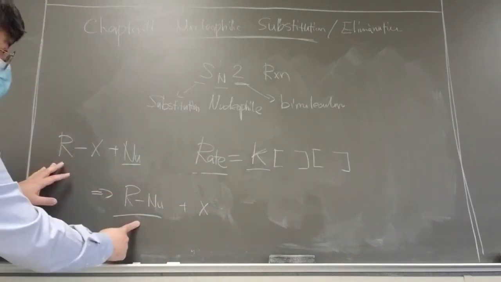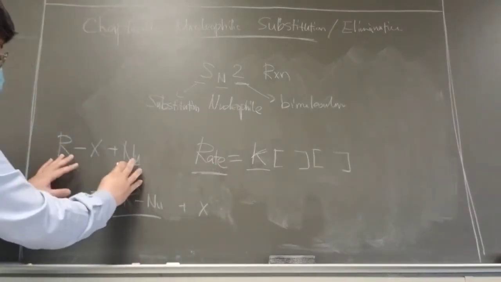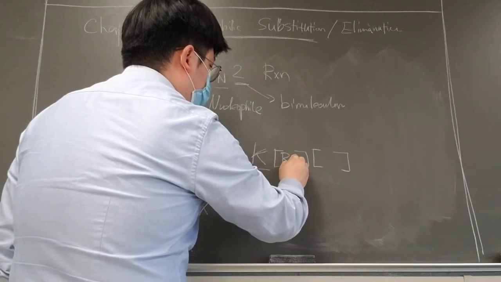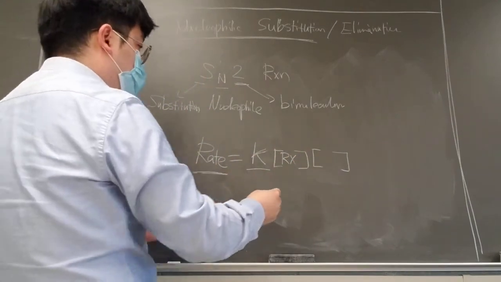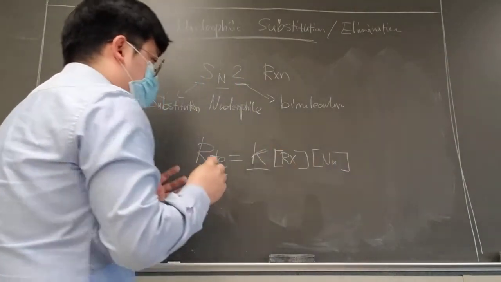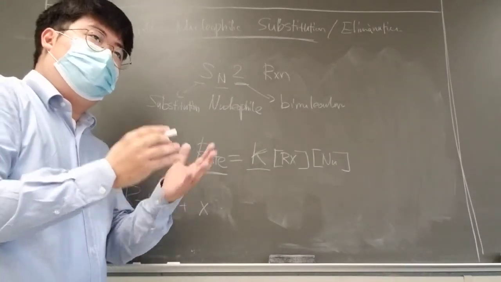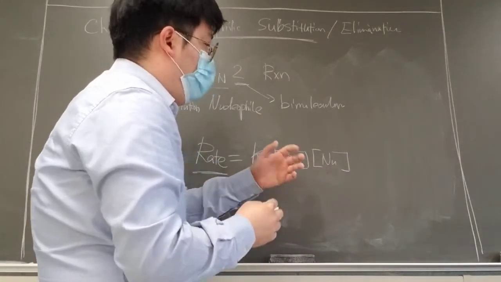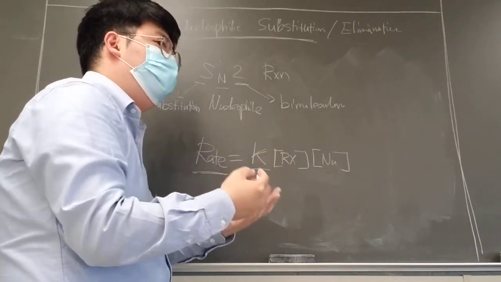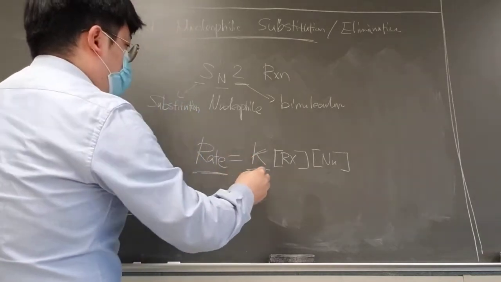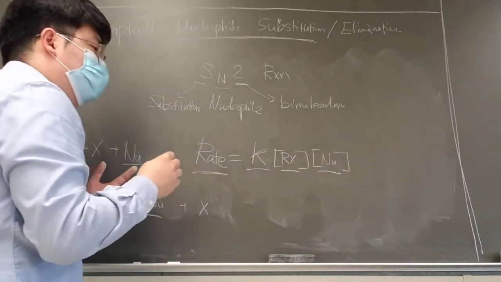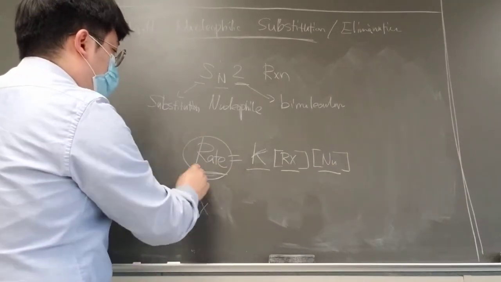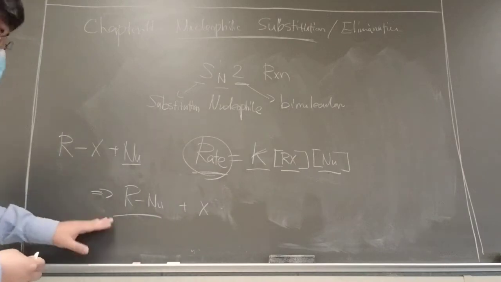So if that's the case, the rate depends on those two. We're going to put this in the form RX, any compound with a halogen group, and the nucleophile. So the concentration of the compound, the reactant, matters, but also how much nucleophile you have in the reaction matters. These two concentrations affect the rate of your reaction, how fast this reaction happens.